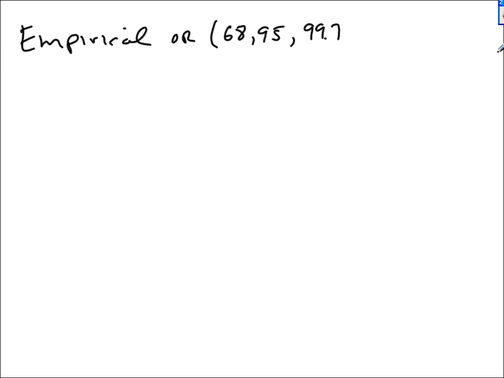Now, here's a really good rule that students should know. It's called the empirical, or, what is it, 68, 95, 99.7 rule.